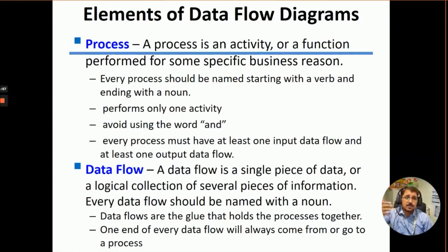Someone will order first, you will receive the order as an input, then the process will be the order processing task. Otherwise it is impossible. Without any input, actually no system can work.